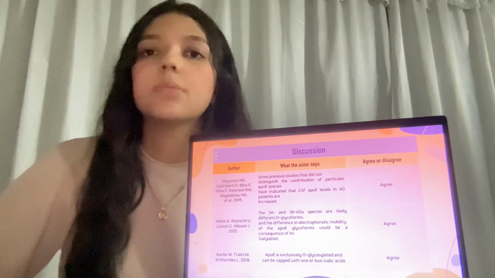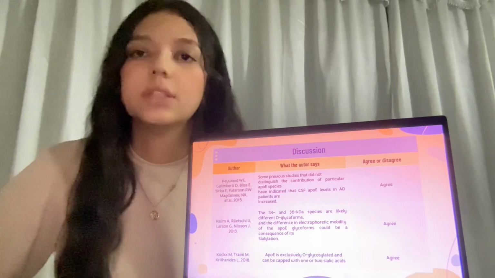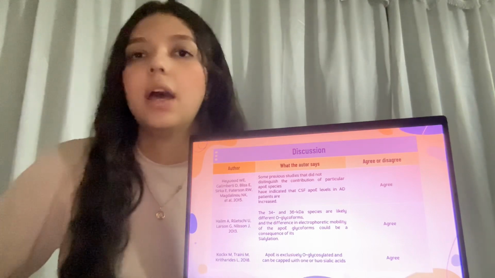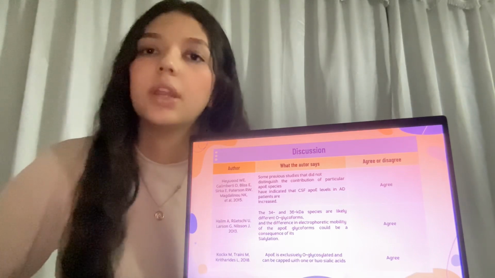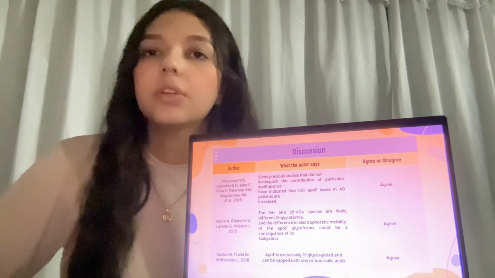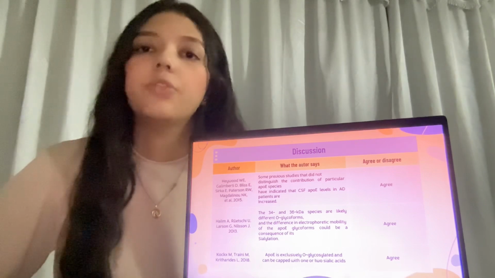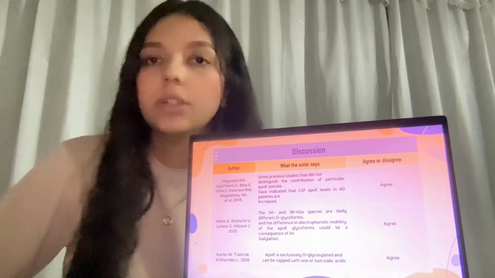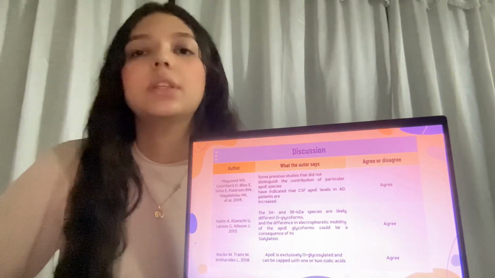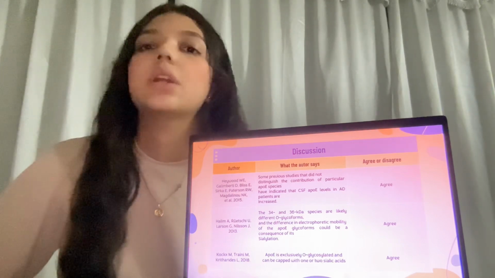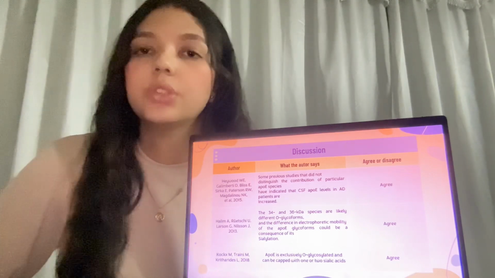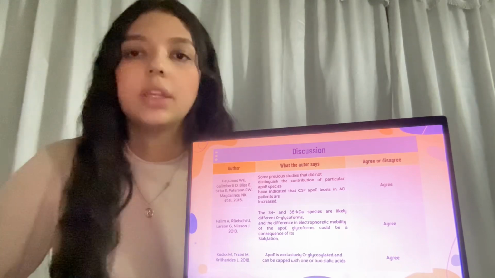The authors also mentioned that the 34 and 36 kilodalton species are likely different glycoforms, and the difference in electrophoretic mobility of the Apo E glycoforms could be a consequence of its sialylation. This also agrees, and it is even related to figure 2. And the last one indicates that Apo E is exclusively O-glycosylated and can be capped with 1 or 2 sialic acids. It is true, and it is related as well with figure 2.